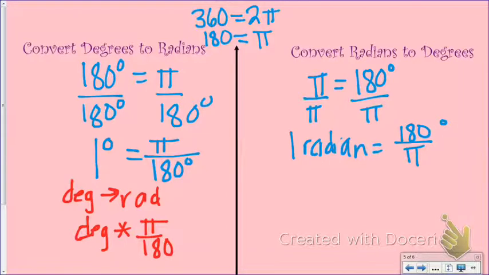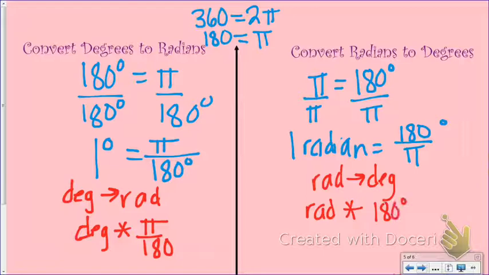Now that actually, remember, does have some sort of numerical value to it, but we don't need to worry what that numerical value is because we're going to be finding these in terms of exact value for the most part. So what that means for us is, in order to convert the opposite way, if we know radians and I'm trying to turn radians into degrees, I would take the radian value that I have and multiply that by 180 over pi.